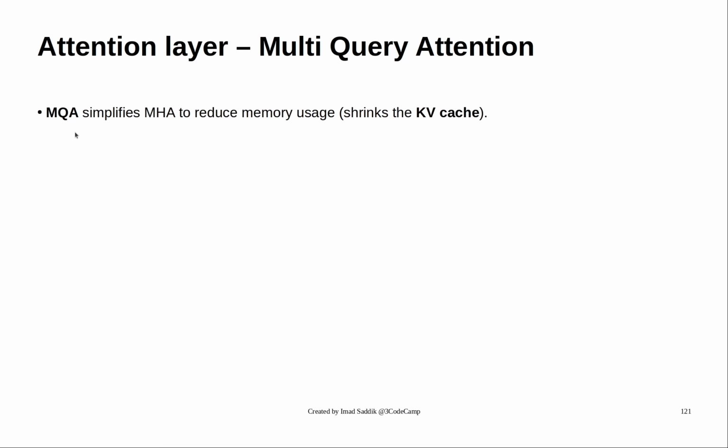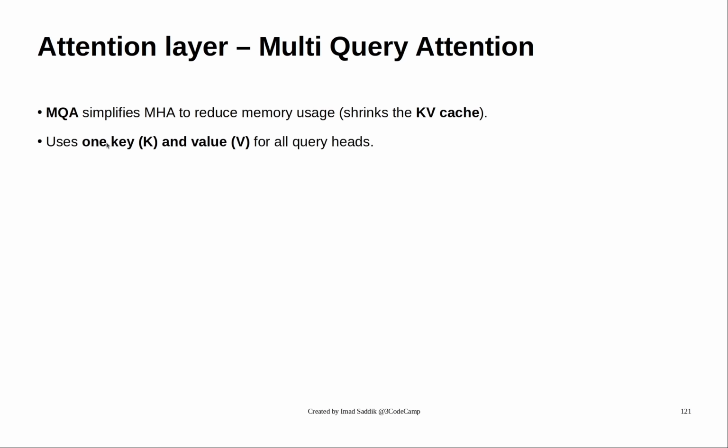Multi-query attention is a computationally efficient method. Why? Because it reduces the memory usage by shrinking the KV cache. If you are not familiar with this term, KV cache, it means how much memory the key and value matrices take during training or inference.